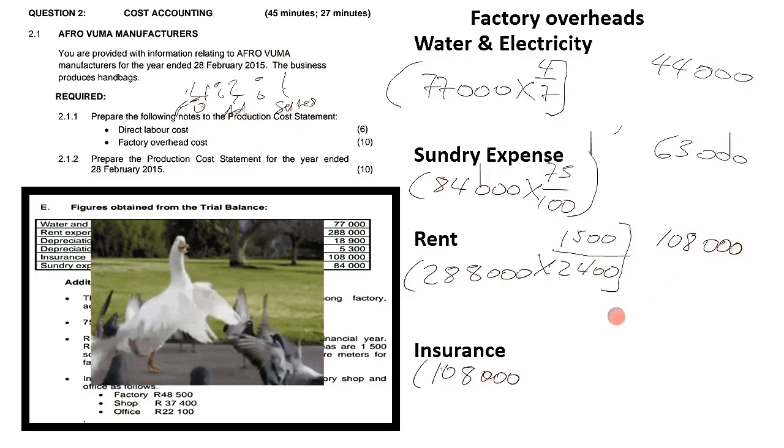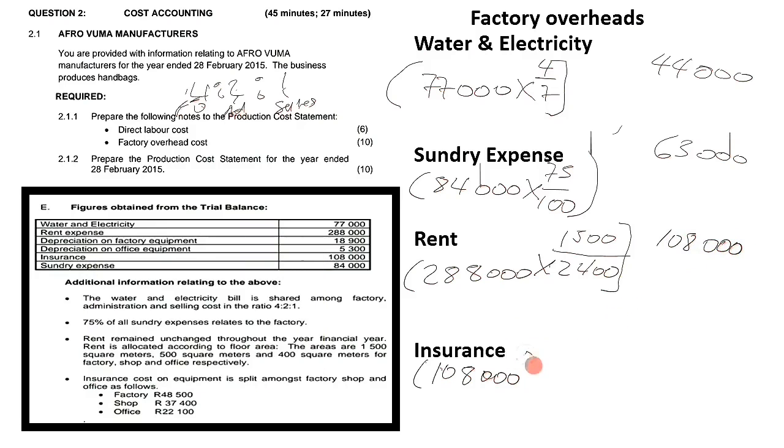As for insurance, this amount includes the following 3 amounts given below: 48,500, 37,400 and 22,100. When you add these 3 amounts, you get 108,000 for the 3 departments. We are only looking for insurance allocated to factory overheads, which is 48,500.